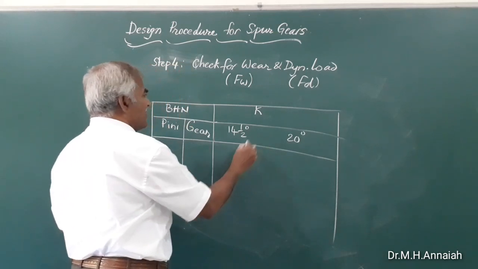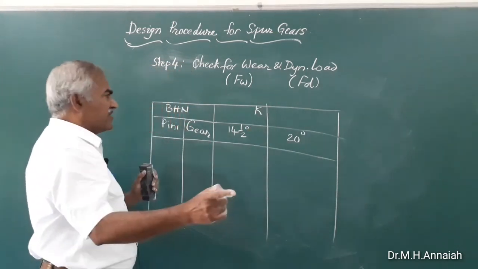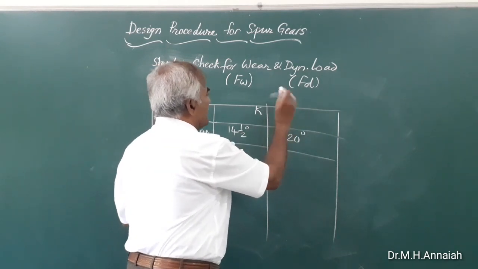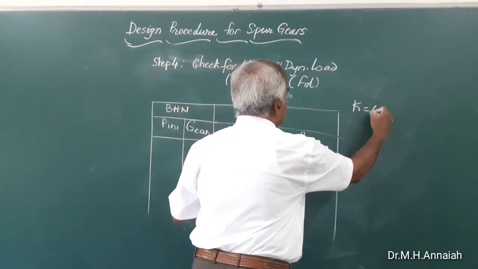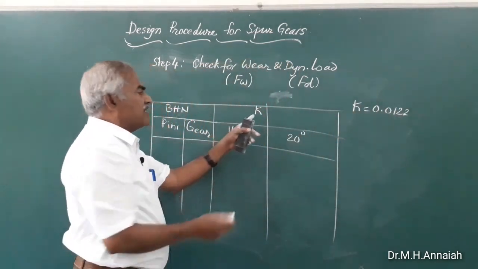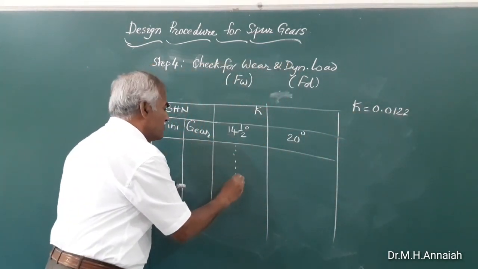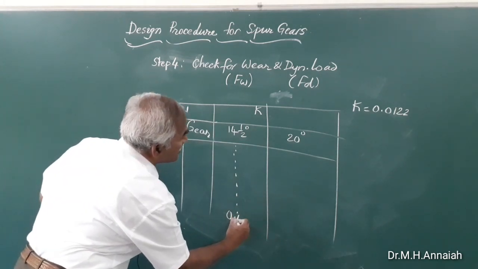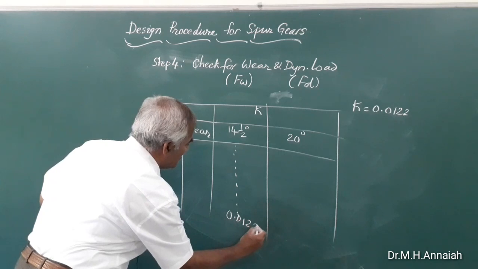So, say I have got a value of K as 0.0122. So, we have to go to this value of K under this table. Suppose say it is 0.0122.